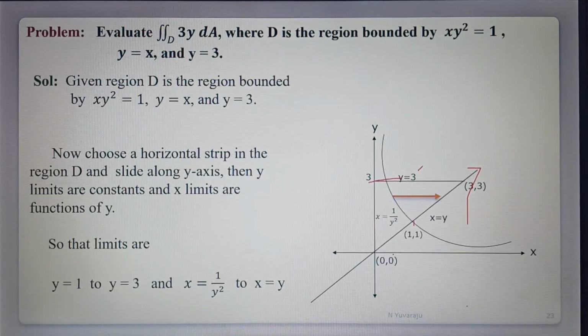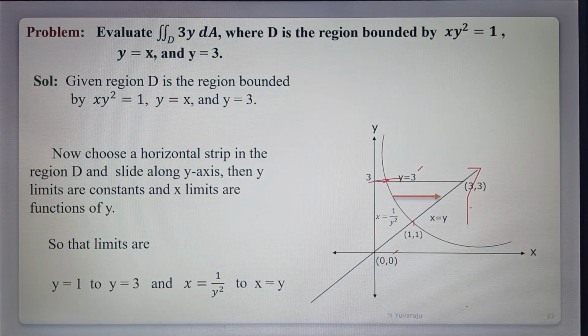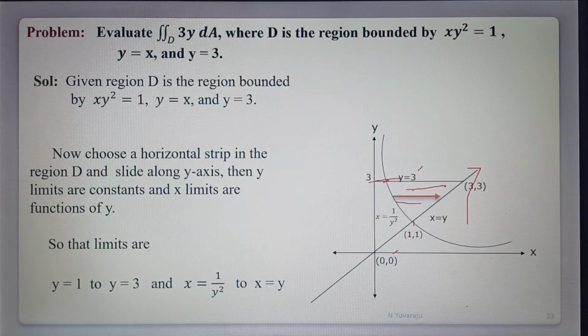So this is the point 1 by 9. So this boundary, this boundary, this boundary. So this is the given region, and three curves and lines bound the region. This is the region. Okay?